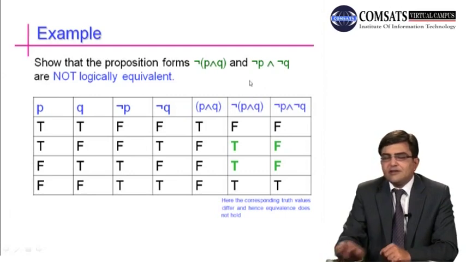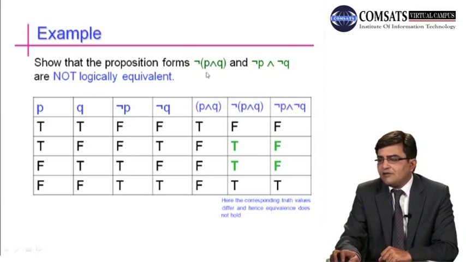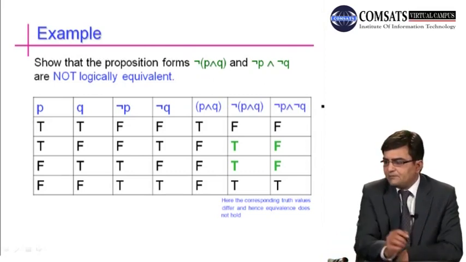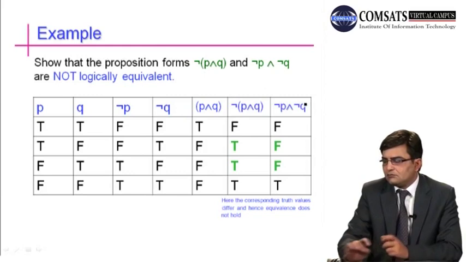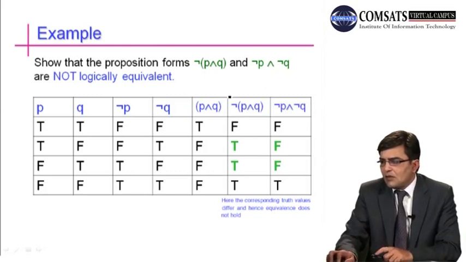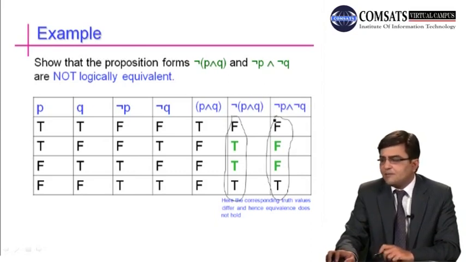Now we have constructed the truth table for both compound propositions given in the question. Here we can see these two columns corresponding to the two given compound propositions which we are required to prove equivalent.